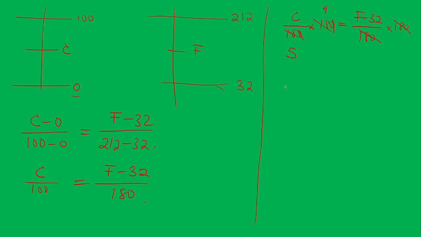So we now have C times 9 all over 5 equal to F minus 32. So F minus 32 is equal to 9C all over 5, which means that F is equal to, if you move this 32 to the other side, 9C all over 5 plus 32. So this is the formula for converting Celsius to Fahrenheit.